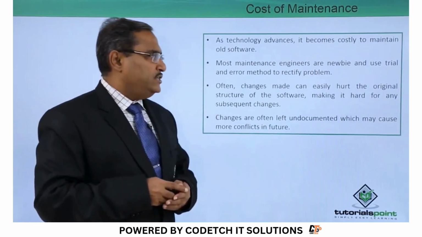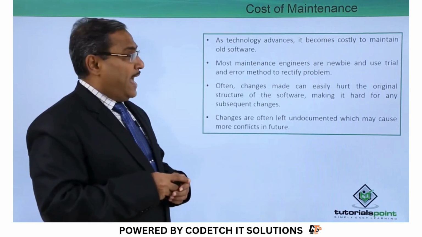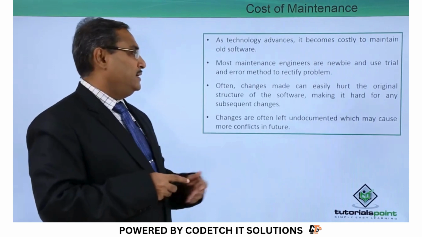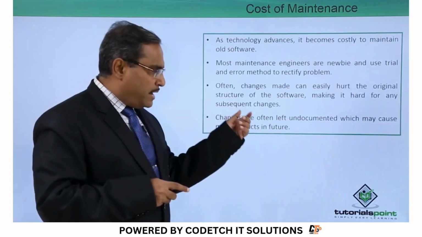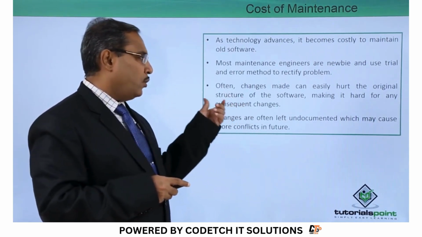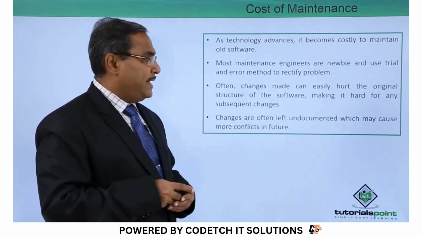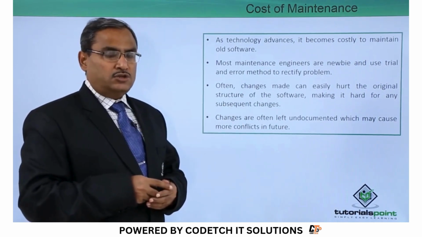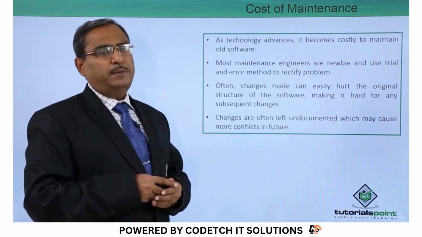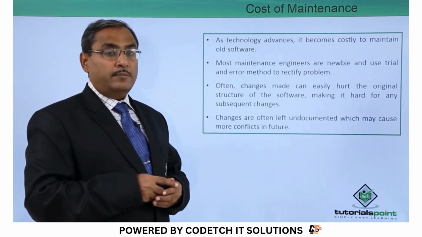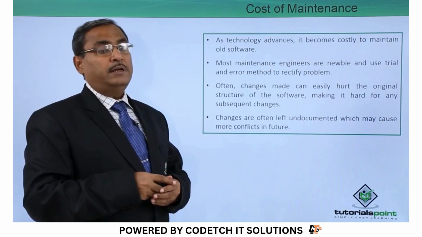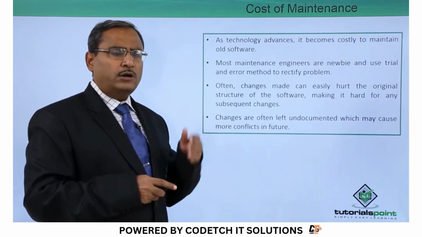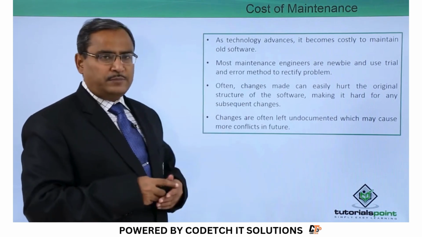Most maintenance engineers are newbies and use the trial and error method to rectify problems. So often changes made can easily hurt the original structure of the software, making it hard for any subsequent changes. While doing this maintenance, we might be required to implement some new requirements, or we might be fixing some bugs in the software detected after a long time or after delivery of the software.